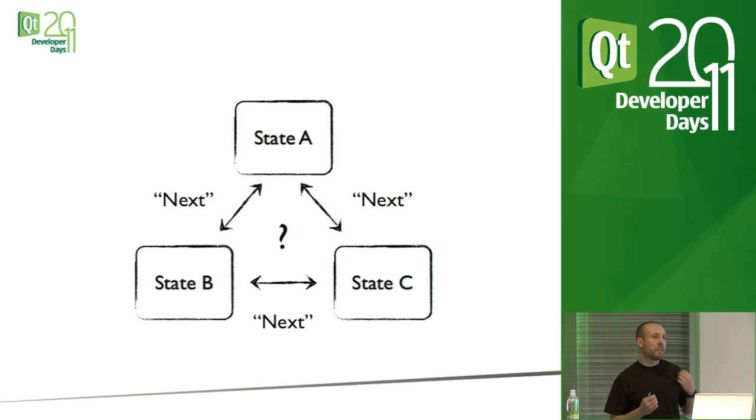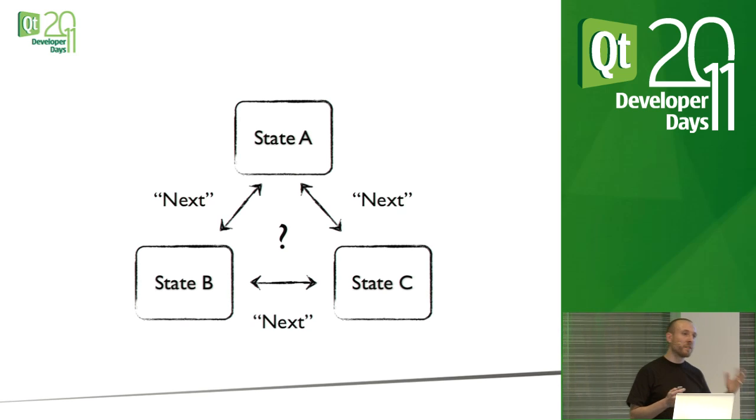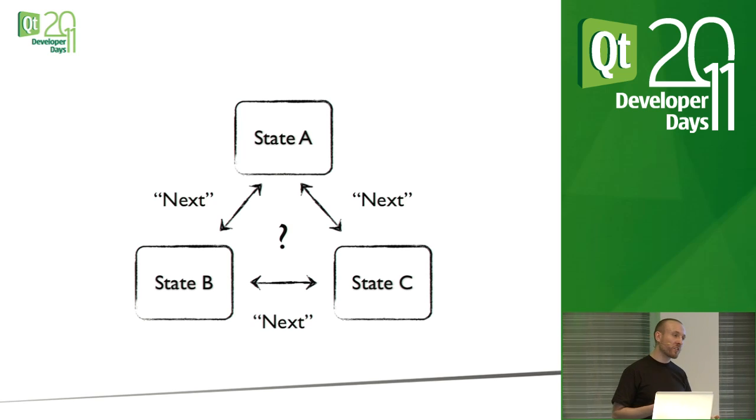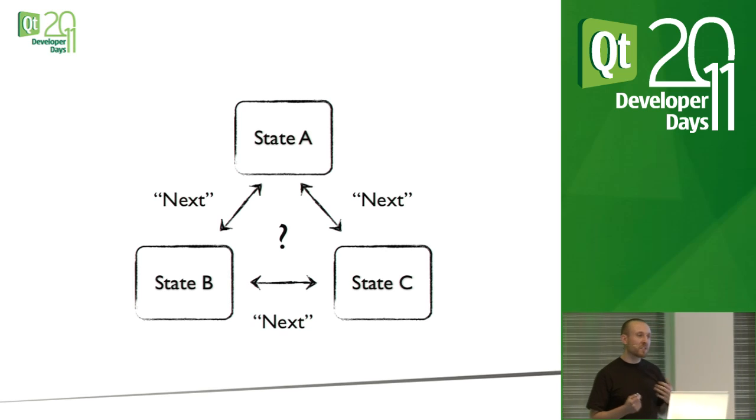There's no inherent restriction on moving from state B to state C, for example. You can move from any state to any other state at any point. It's not a big issue when you have small applications. But once you get to a more complex code base and more complex structure, this doesn't scale very well.